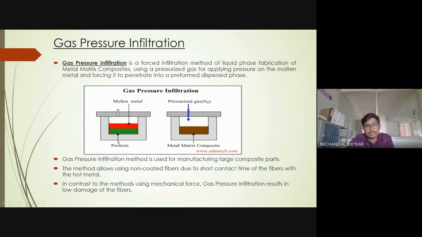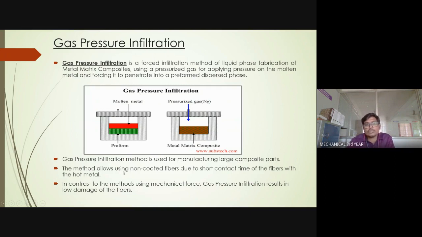Initially it is considered as a preform, but in the next picture on the right hand side, we are done with infiltration, and that is why it becomes metal matrix composite. Gas pressure infiltration method is used for manufacturing large composite parts. Even a very big part can be converted into a metal matrix with the help of gas pressure infiltration.